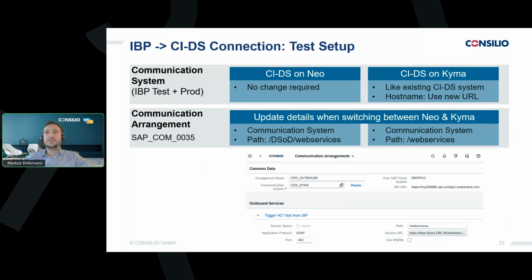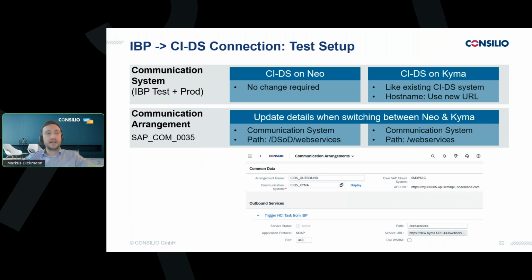There are no changes required, but we recommend you to create a new communication system for CIDS on Kyma. You can create it the same way as you have your CIDS communication system on Neo, but you have to exchange the host name to the new Kyma URL you could access in step 3 on your CIDS.